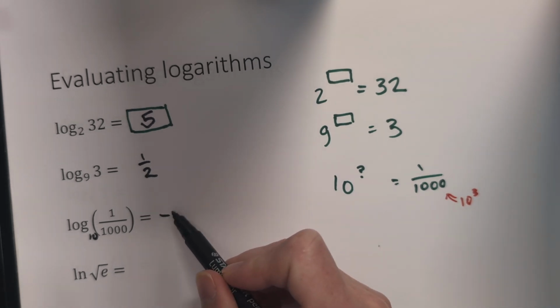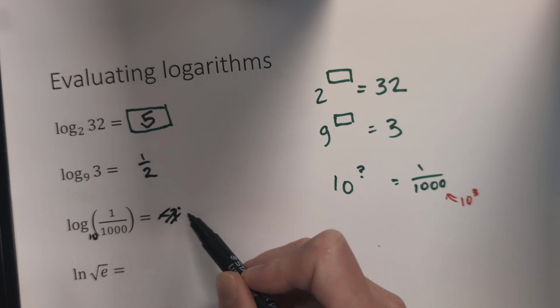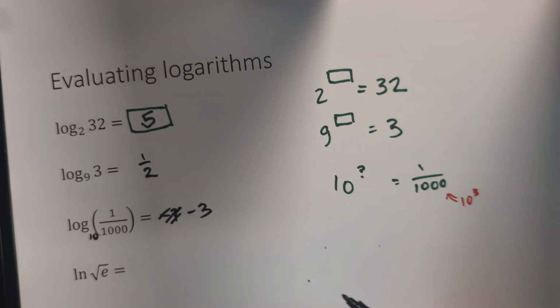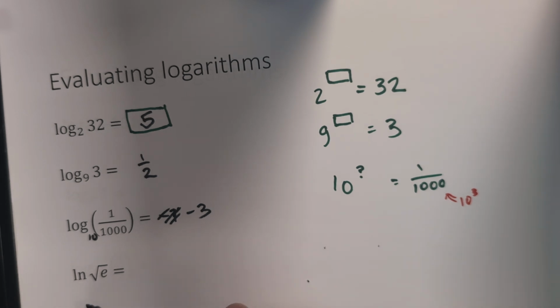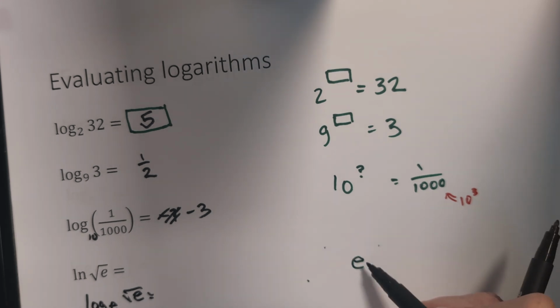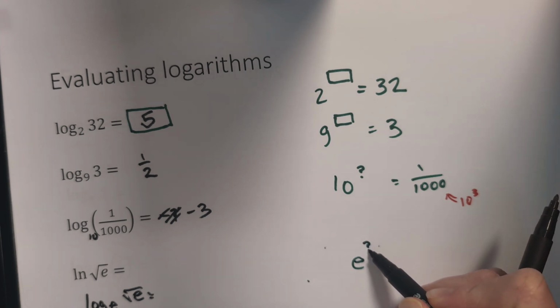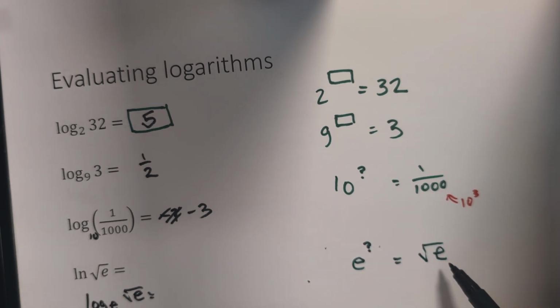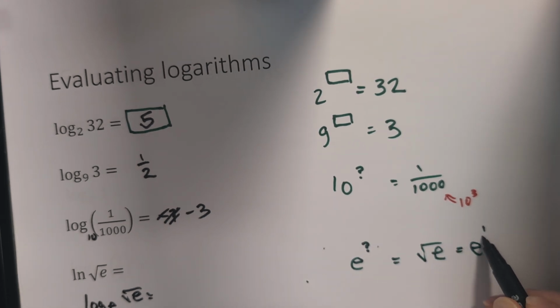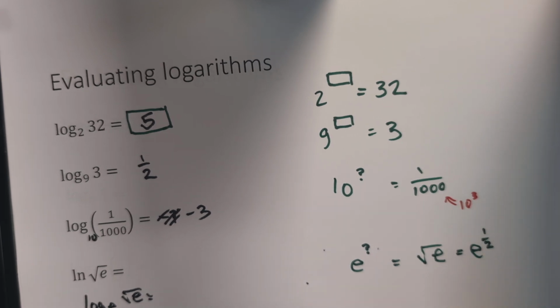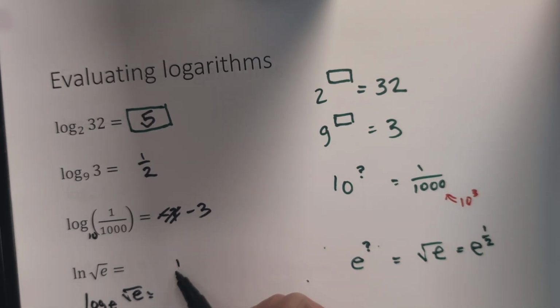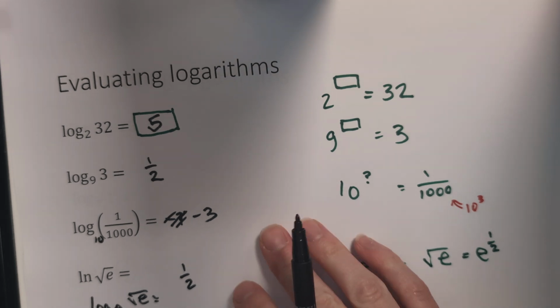So if I take 10 and raise it to the negative 3rd, I will get 1/1000th. About this one, well, remember that this is log base e of the square root of e. That's another way of writing that. You don't have to. So we're asking e to the what is equal to the square root of e. Remember that that's e to the half. So the question mark, the what, is a half.